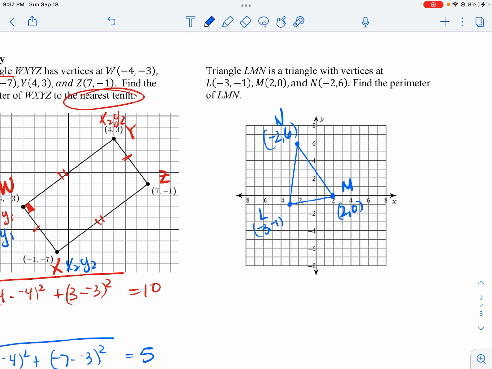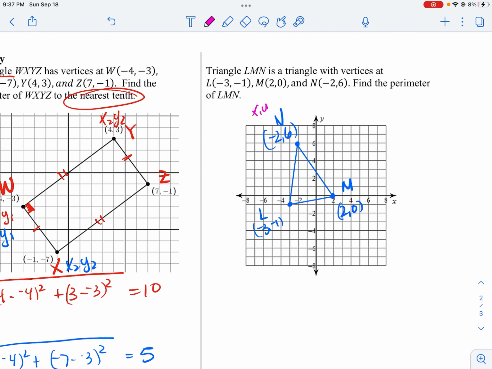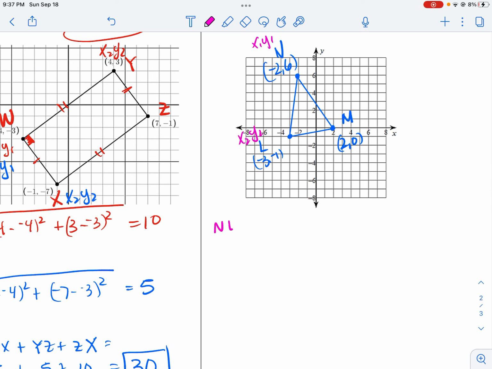So there's my triangle. So again, we're just going to make sure that we're careful with our labeling. So I'm going to call this x1, y1, x2, y2. So we're going to find NL, NM, and LM for our lengths. This is a triangle, and I don't have a name for it. It's not called an isosceles triangle or an equilateral triangle. I'm going to have to find all three sides.